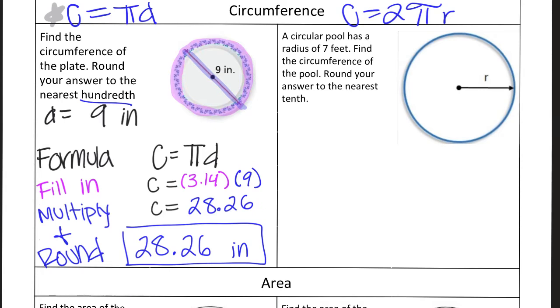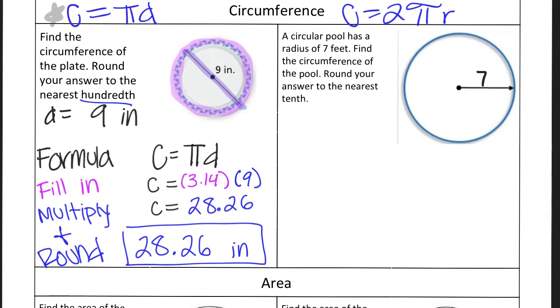Okay, next one. A circular pool has a radius of 7 feet. And we are going to find the circumference of the pool. Okay. Well, since this is a picture, I just drew a picture of a circle. Okay, and the radius is 7.